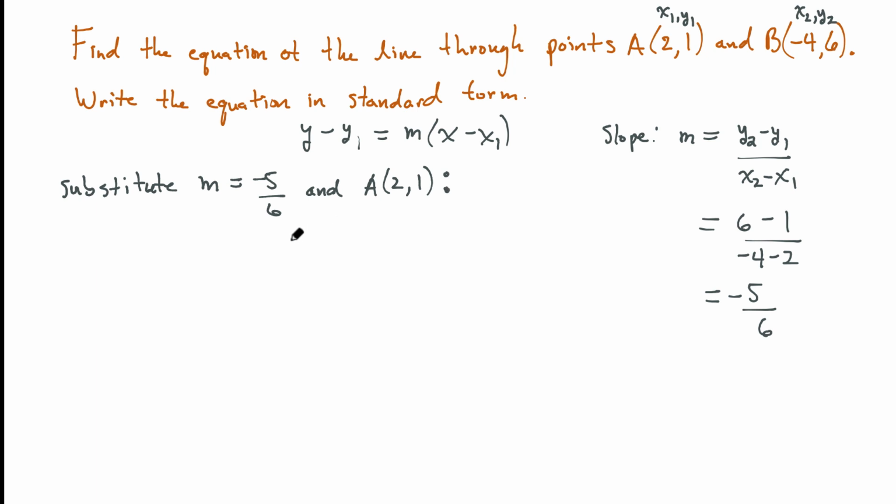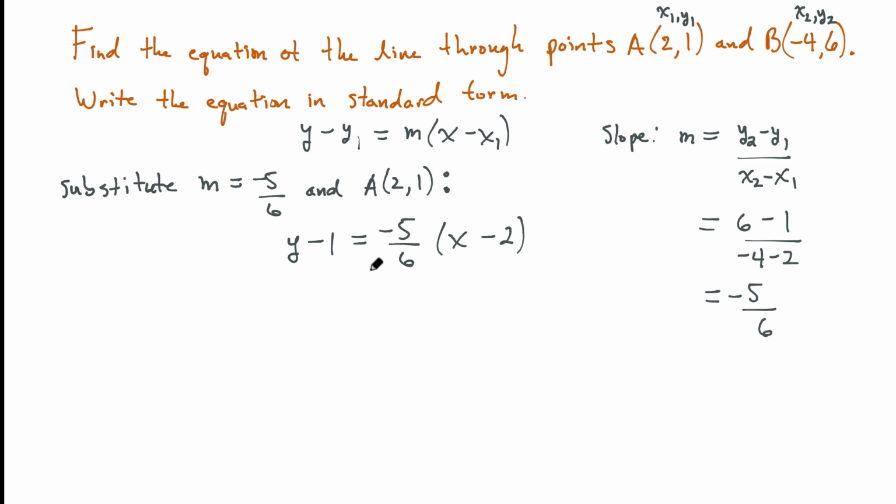If we do that, we get y minus 1, because y1 is 1, is equal to -5 over 6 times x minus x1, which was 2.